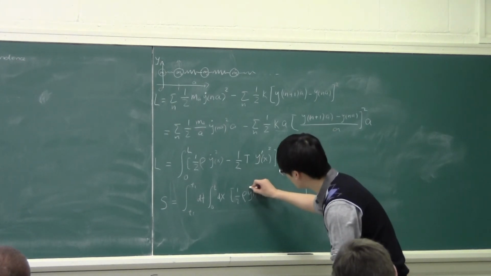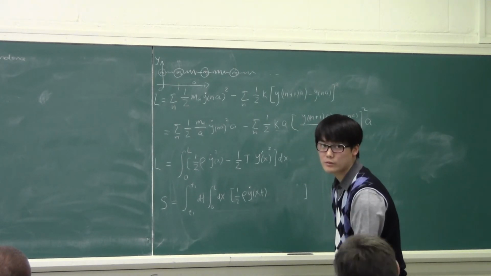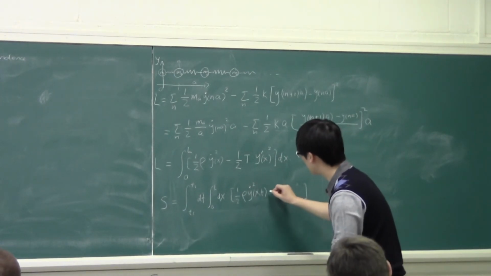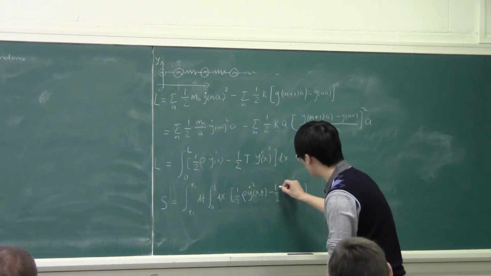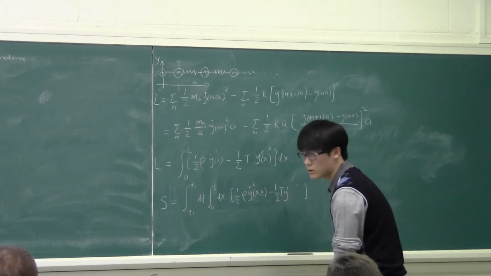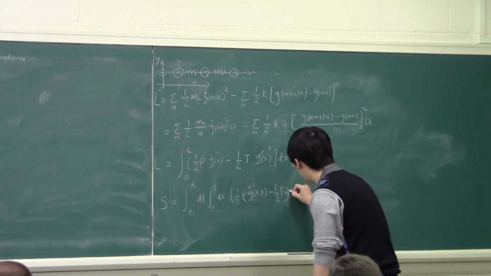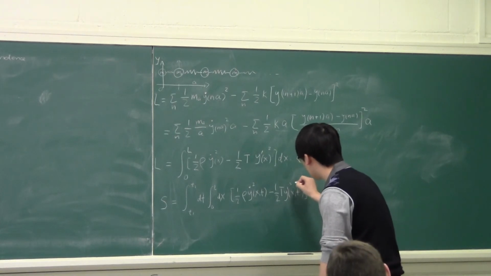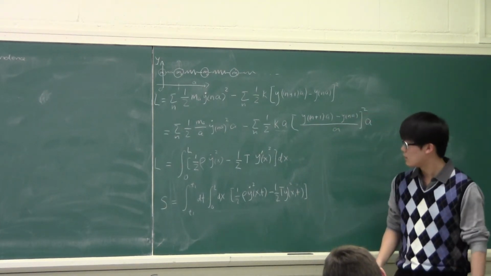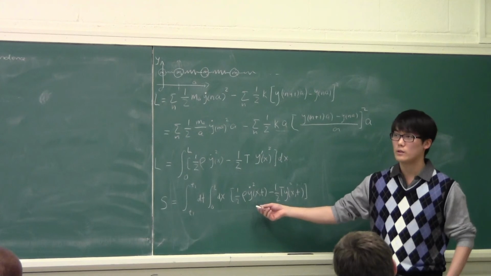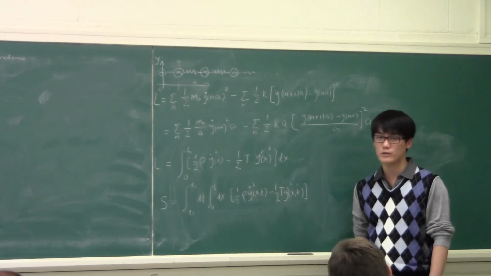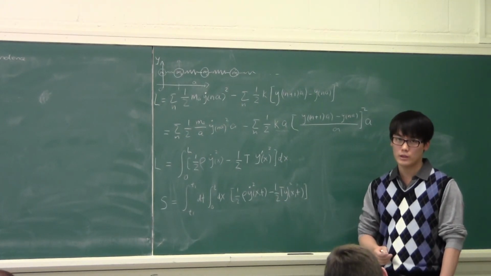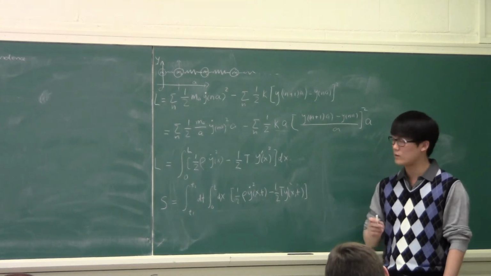In the first term, I'm going to take the time derivative, denoted by a dot. In the second term, I'm going to take the spatial derivative, denoted by a prime. Okay, so this is the Lagrangian. Now, when we vary our coordinate y, we're going to have to vary both x and t.